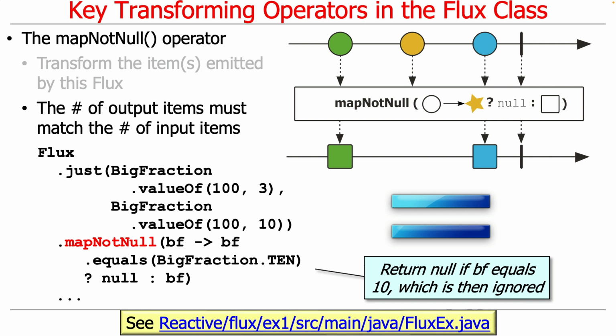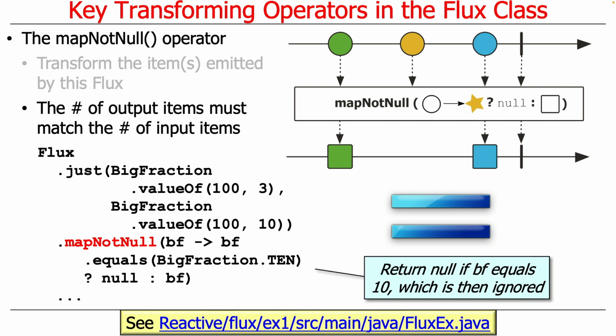And that's going to create a flux stream of two BigFractions, one of which is going to be 100 over 3, and the other which is going to be 100 over 10, which will be reduced to 10. And what we're going to do here, and I wouldn't recommend writing code like this, this is just for illustration purposes, we're going to take the BigFraction that comes through here, and if the BigFraction equals 10, we're going to emit a null, or try to emit a null. Otherwise, we're just going to emit the BigFraction.